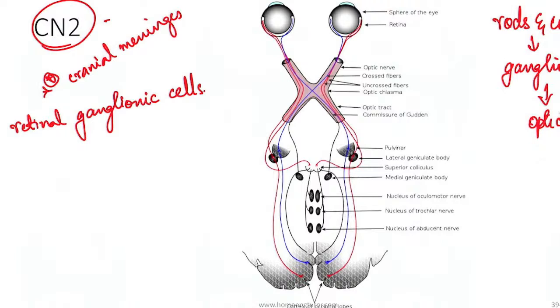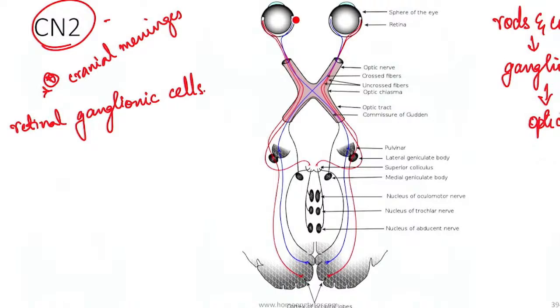So now the optic tract, we have right optic tract and left optic tract. Left optic tract contains the lateral fibers of the left side. The visual field is divided into temporal side and nasal side.